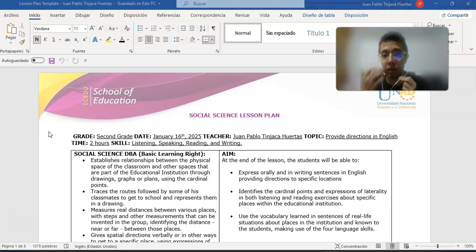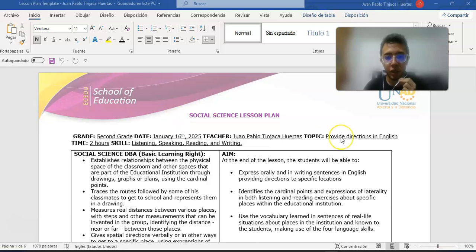Because first of all, I want the students to make real life conversations, to use every piece of knowledge that they are going to learn in this lesson related to providing directions in English and different aspects about the vocabulary, to make real conversations with their partners or with the teacher or make sentences in a real life context. So for that reason, I took into account those strategies to develop this lesson plan.